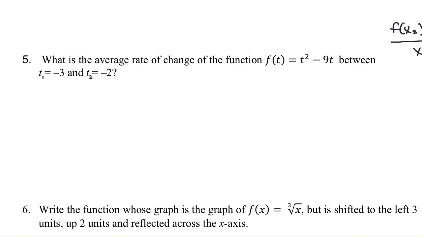So the formula that we're going to use is f of t2 minus f of t1 divided by t2 minus t1. So we need to evaluate the function f of t2 and f of t1.